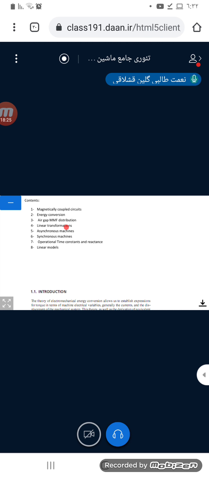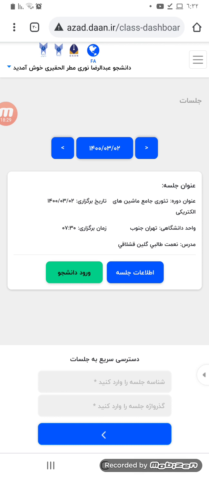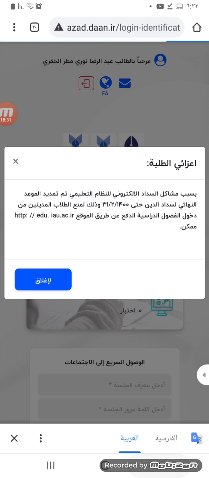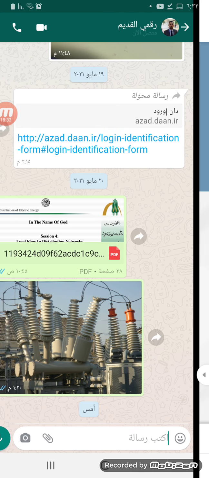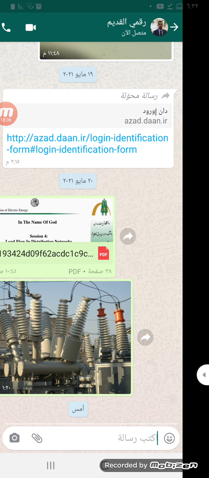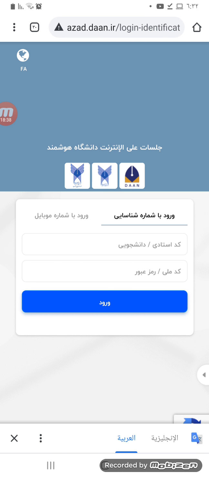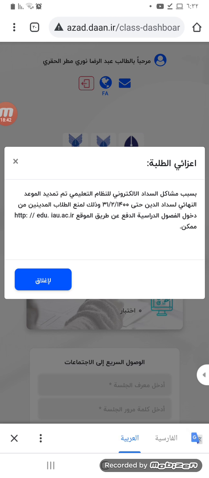So the differential equations governing the electrical machine are non-linear and time-varying, and these are very hard differential equations to be solved.